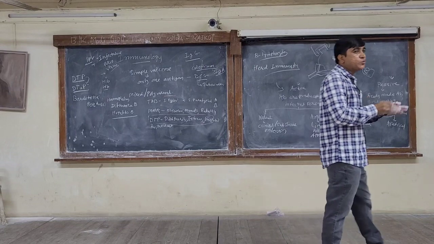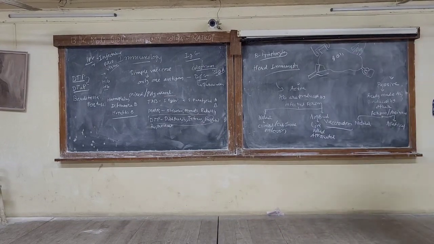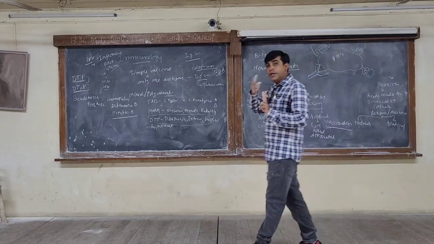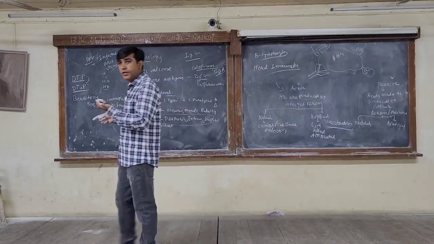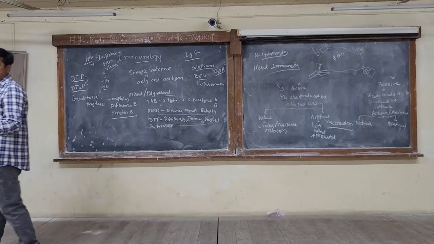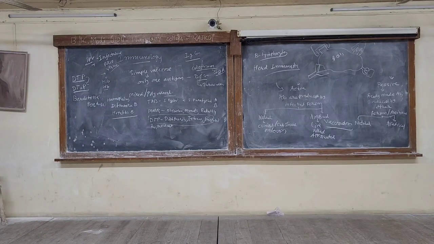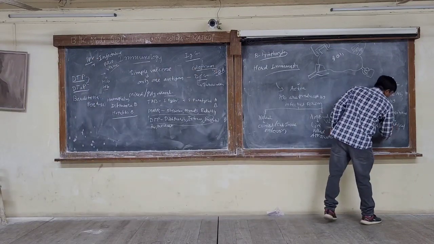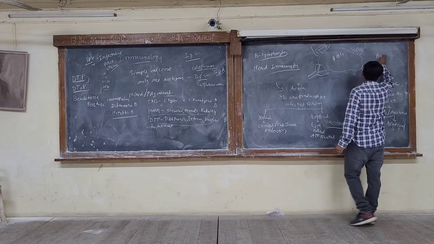And that also provides protection against number of diseases. So these are two means by which the antibodies can transfer naturally from mother to fetus and from mother to breastfeeding kid. Clear? So this is natural transfer, and artificial is by providing the serum or anti-serum.